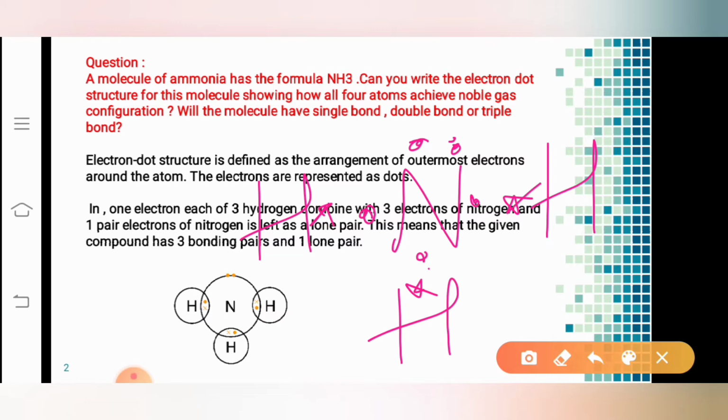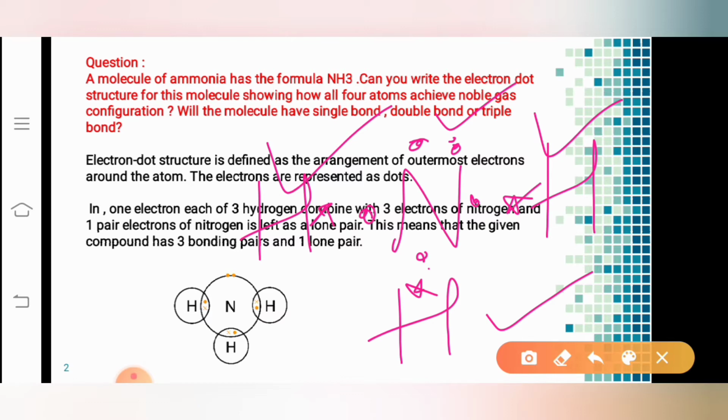Now let us check whether they have obtained the noble gas configuration. As nitrogen is having 5 valence electrons, it needs 3 electrons to satisfy its shell, correct? So it is sharing 3 electrons with the 3 hydrogen atoms which are surrounded by it. Thereby hydrogen shares 1 electron from this.